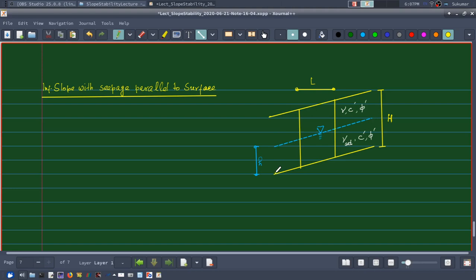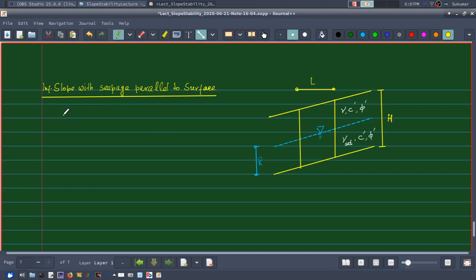The height of the groundwater table from the base of the slope is, say, small h, and I am considering the total height from the failure surface as capital H. The soil above the groundwater table has properties gamma, C dash and phi dash, and below the groundwater table we have gamma saturated, C dash and phi dash.